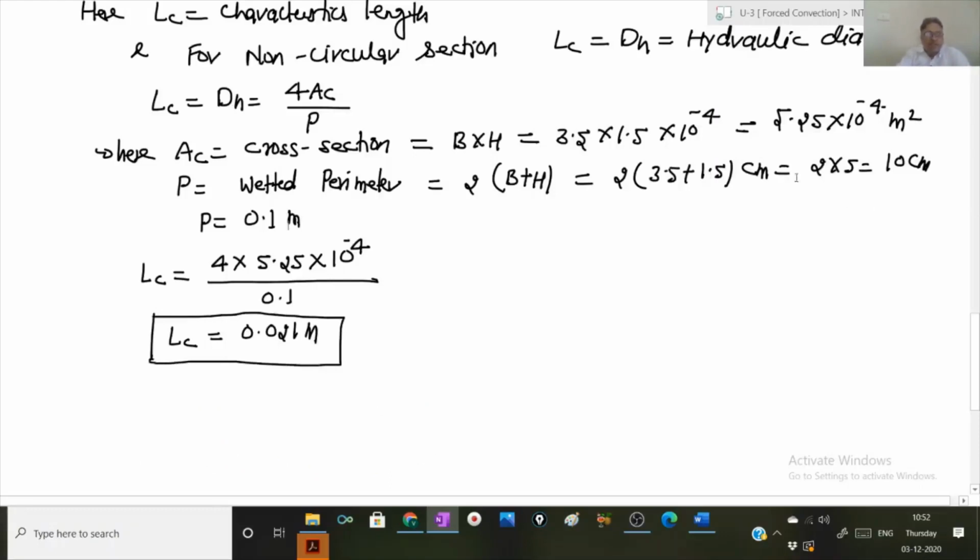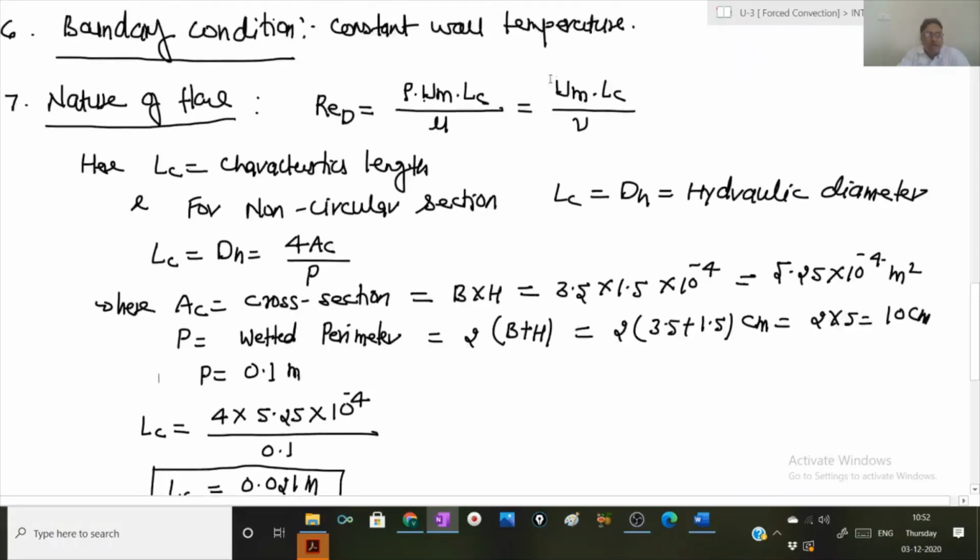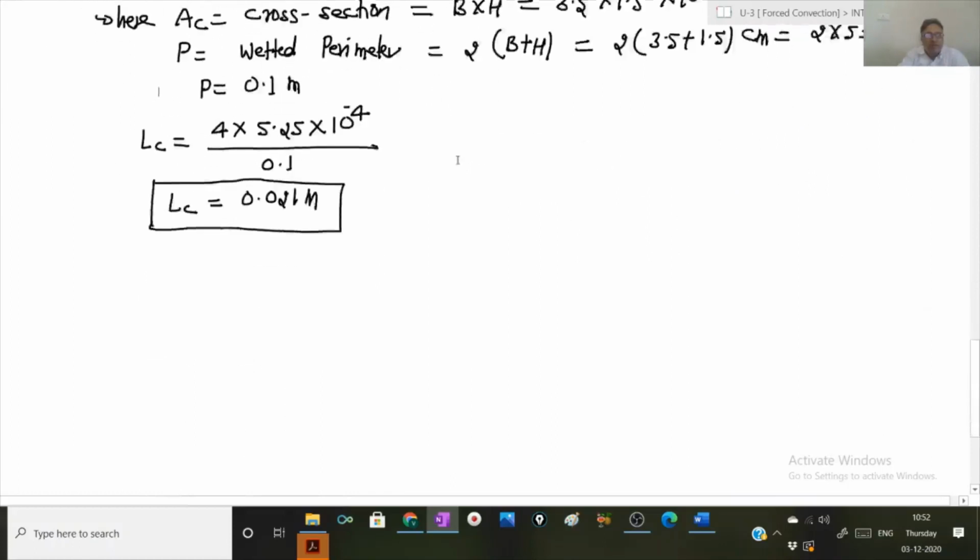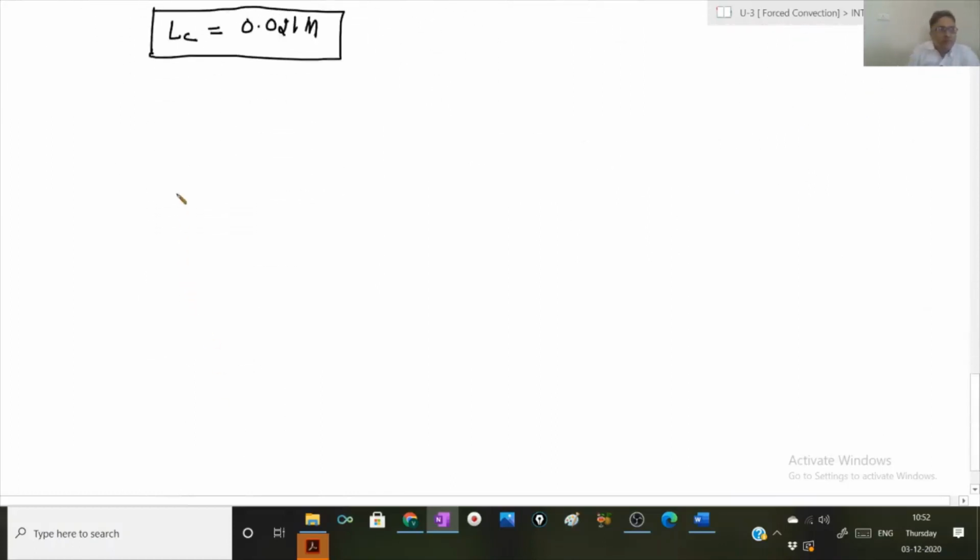Now after calculating this characteristics length, I can calculate Reynolds number. So therefore Reynolds number can be calculated as UM, which is given as 1.2 meter per second into LC 0.021 meter over value of nu is 0.517 into 10 to the power minus 6.